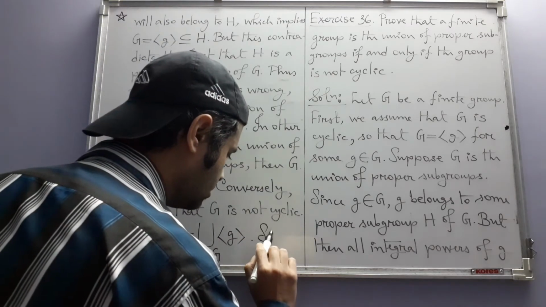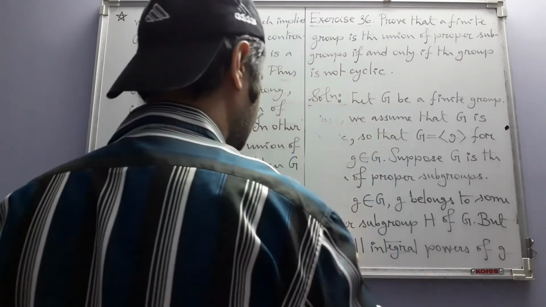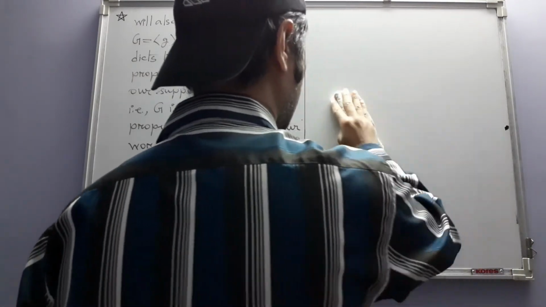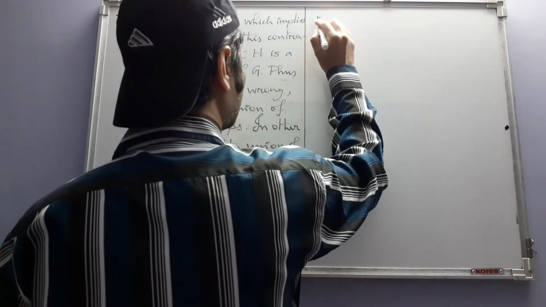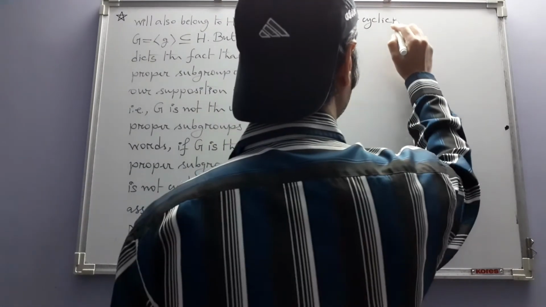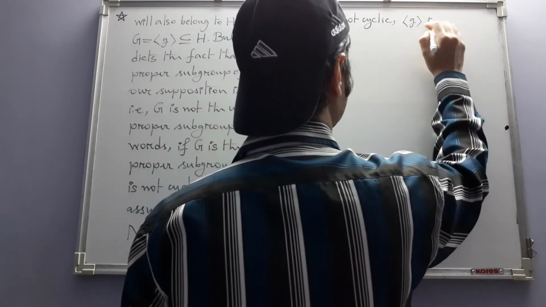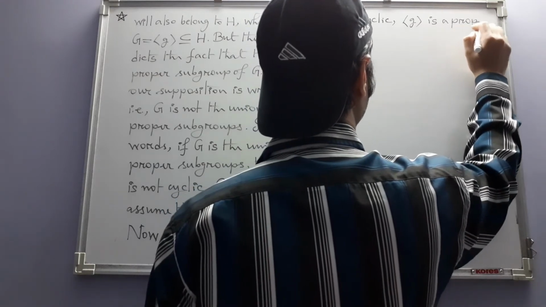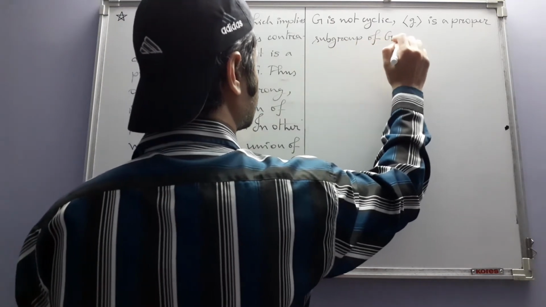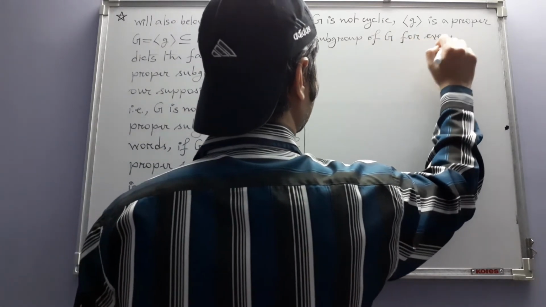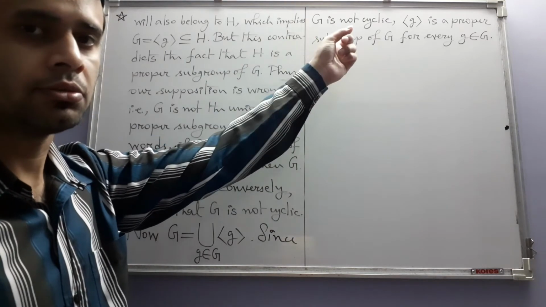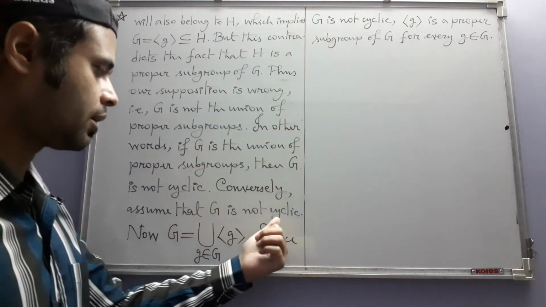Okay. Since G is not cyclic, this is a proper subgroup of G for every g belonging to G. Because if one of these cyclic subgroups becomes equal to G, then G is cyclic, which contradicts our hypothesis that it is not cyclic.